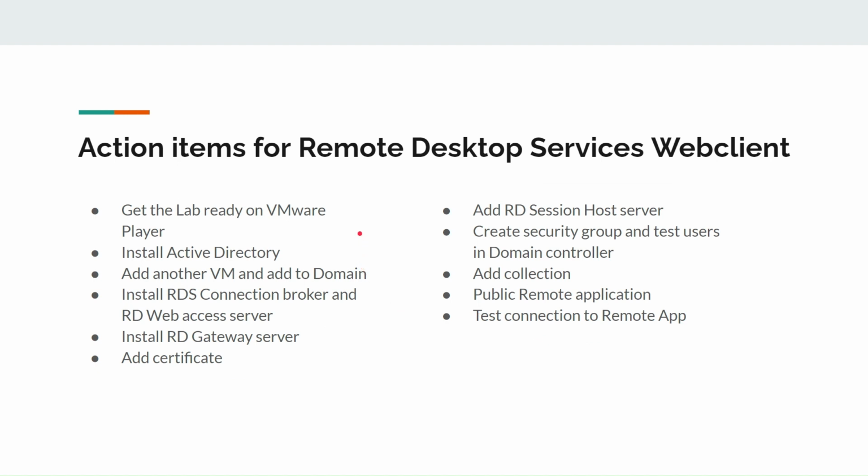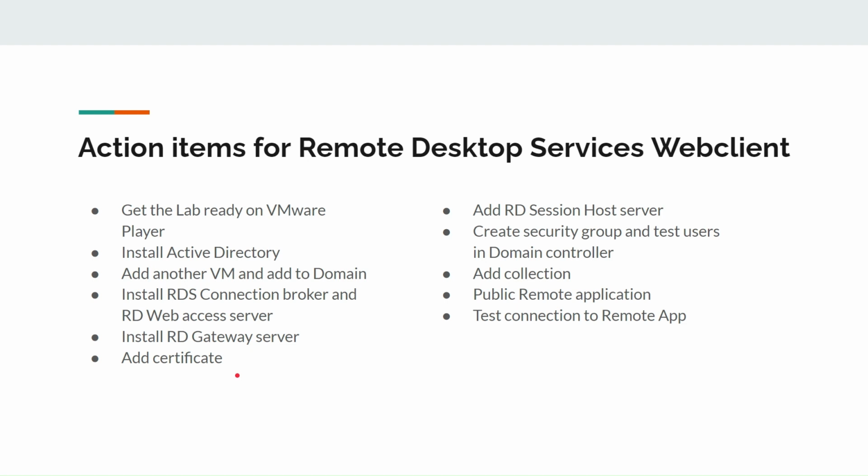So the action items for this lab: I'll get the lab ready on VMware Player, install Active Directory. I will add another VM and add that to domain. I'm going to install RD Connection Broker, Web Access, and RD Gateway on the same server.